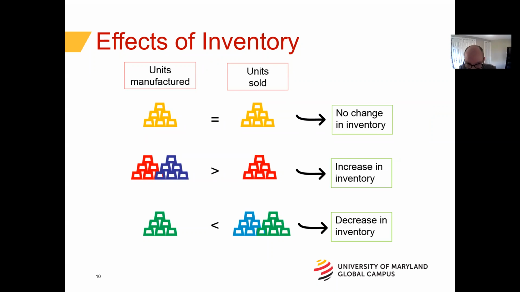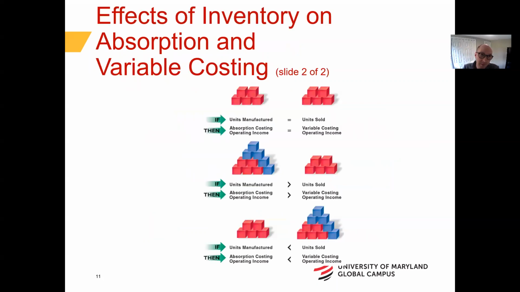I have more on hand if I made more and didn't sell the same amount. When the units manufactured are less than the units sold, then clearly there must be a decrease in the inventory on hand. The reason I'm showing you this is because I want you to understand the comparison between the absorption costing model and the variable costing model and their effect on inventory.